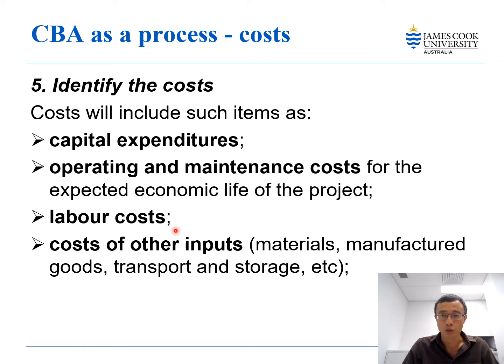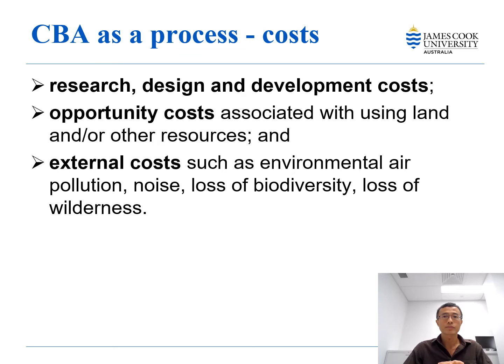You hire workers to work in this project. And it includes costs of other inputs like materials, manufactured goods, transport, and storage, etc. It should also include research, design, and development costs, if there are any. An important thing is that it should include opportunity cost associated with using any resources committed to this project. A typical example would be land.